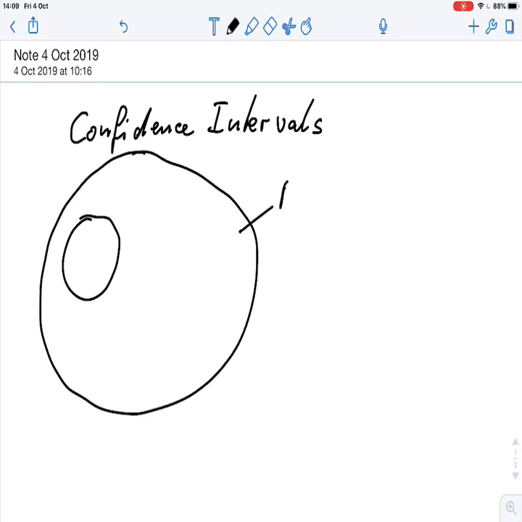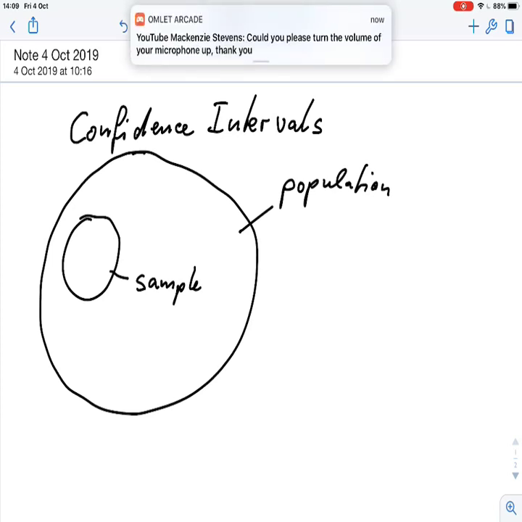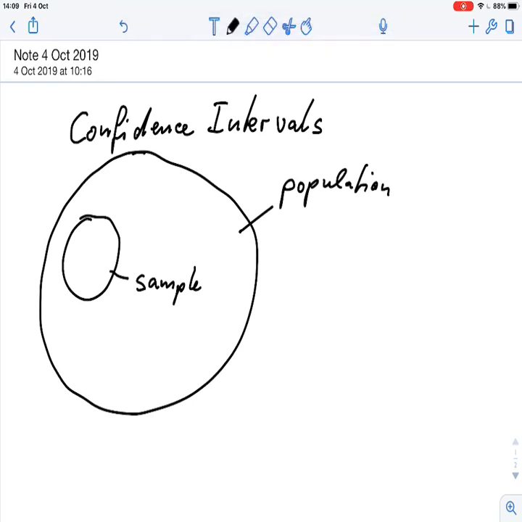So that's your population. This is your sample here. And the sample hopefully is representative of the population. And what we do as scientists is from the sample we try to make what is called an inference, an educated guess about the population.